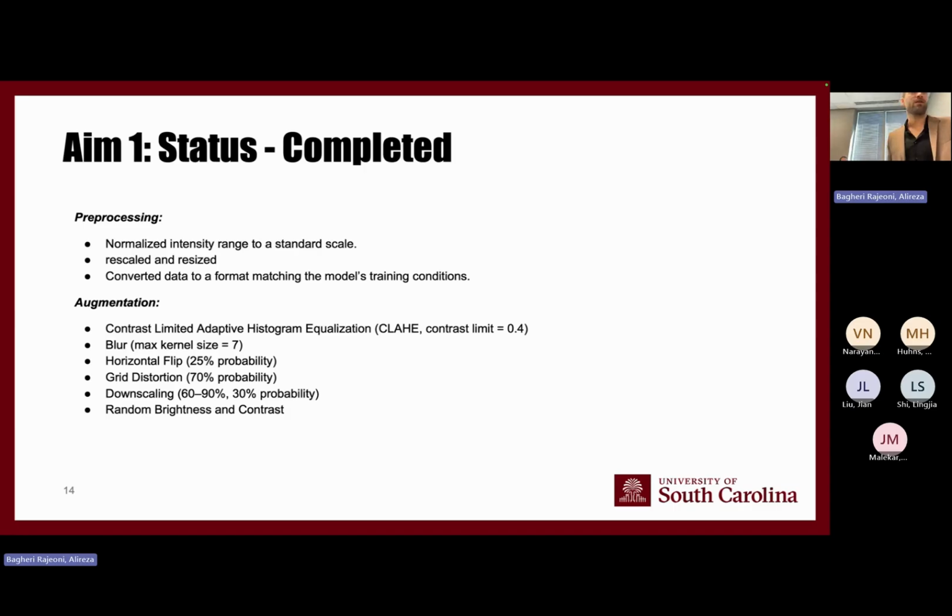Because we couldn't use vertical flip. That would be bad data for training. But after experimentation, we decided to do contrast limited adaptive histogram equalization, blur, horizontal flip, grid distortion, downscaling, random brightness, and contrast. These augmentations help to augment the data in our training process.